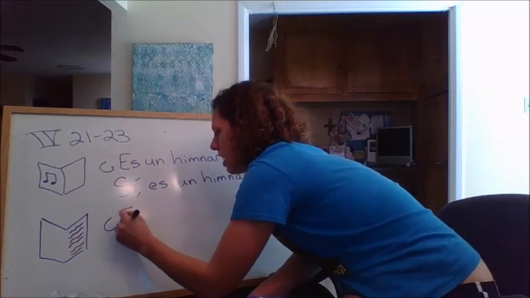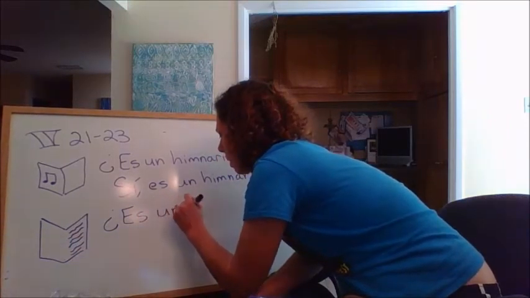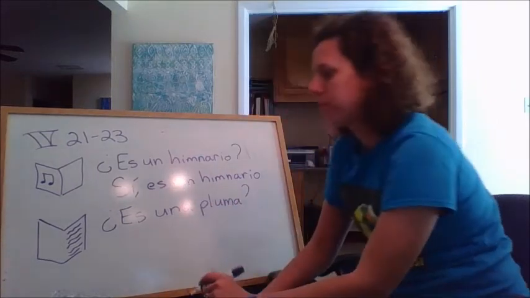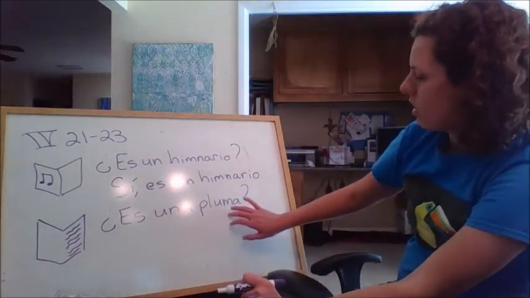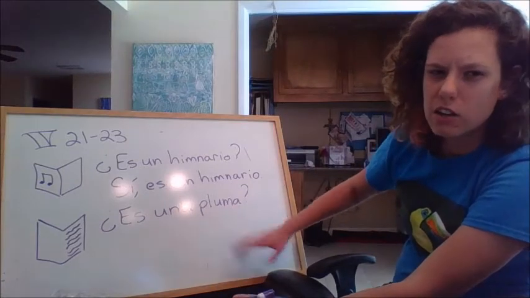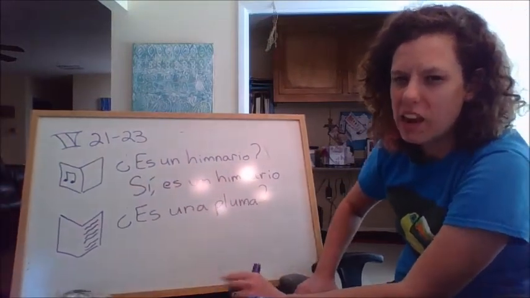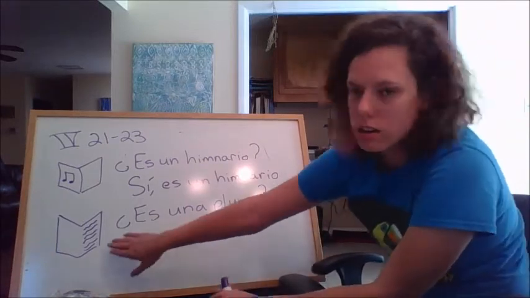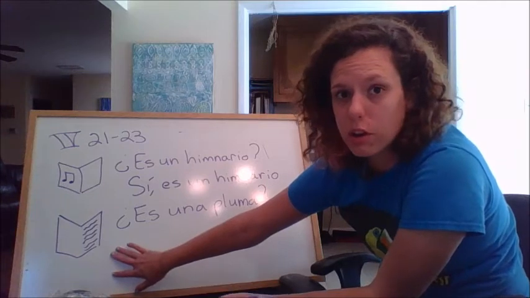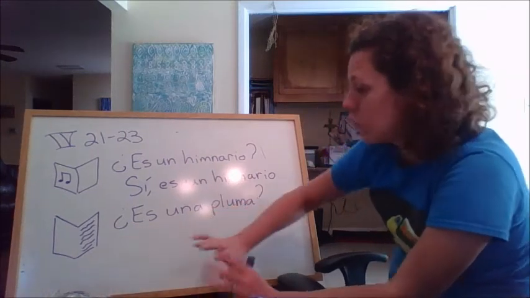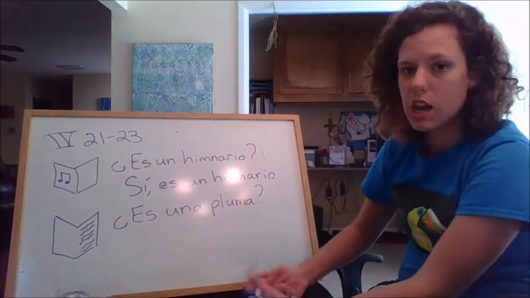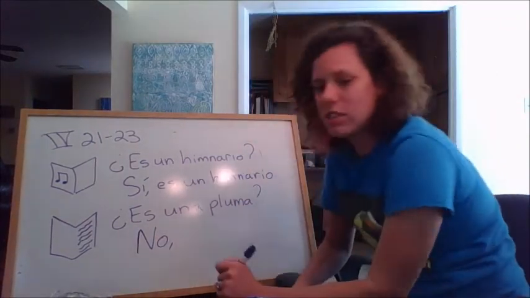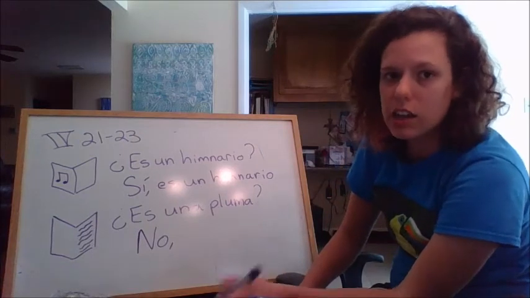If I had something like, and I said, es una pluma. Okay. Una pluma, I think your book might use bolígrafo, but I think I told you pluma and bolígrafo both mean pen, so whichever one you want to use is fine with me. But is this a pen? No, it's a book. Okay, so we have to first answer the question. So first we have to say no. Then we have to say it's not a pen.